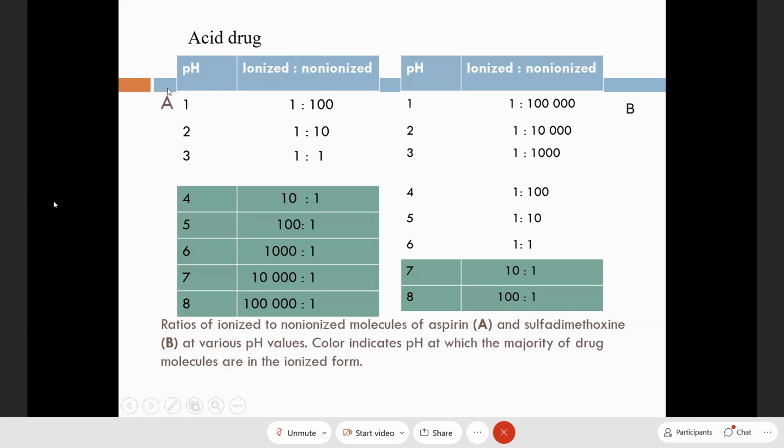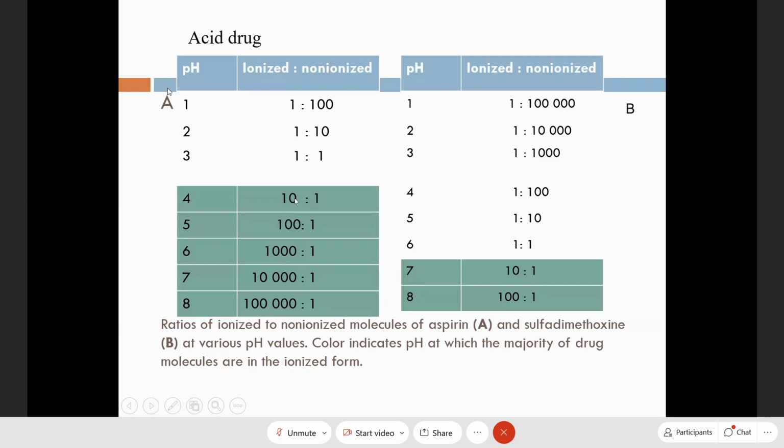You can see the colored column here. As the pH increases, the ionized form increases by a factor of 10.